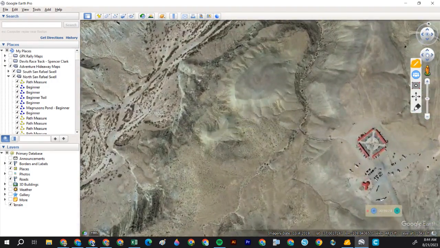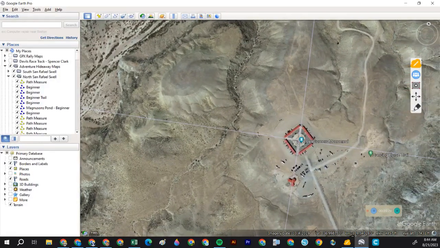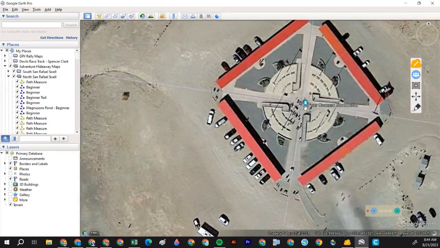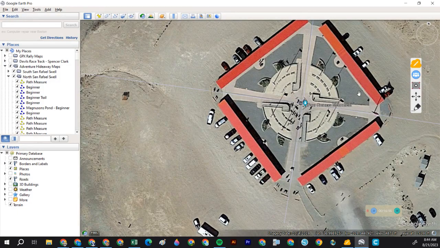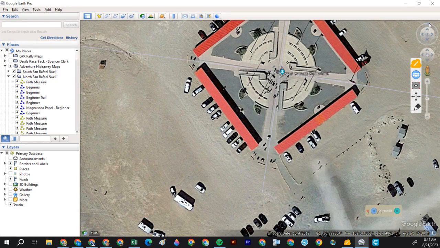Maybe I should just go over to my computer. So look at that. The Four Corners Monument is exactly, that little medallion right there is exactly where it's supposed to be. Except they were off by a little bit.